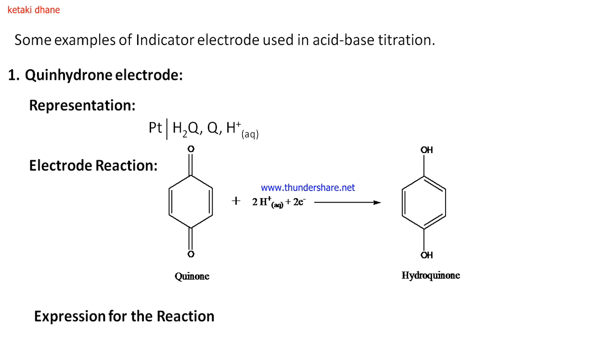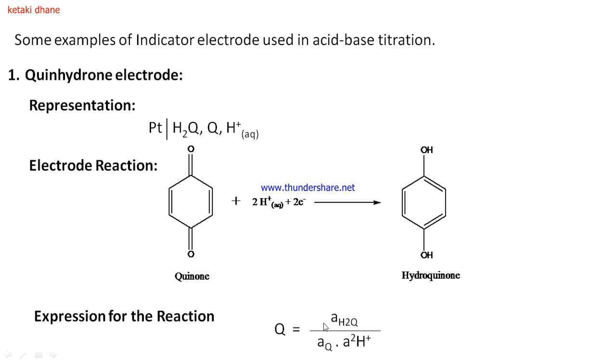Some examples of indicator electrodes in acid-base titration: we have already discussed the quinhydrone electrode, which is represented as platinum with quinhydrone. The reaction proceeding in this electrode is that quinone upon reduction, with the help of hydrogen from the platinum electrode, is converted into hydroquinone.